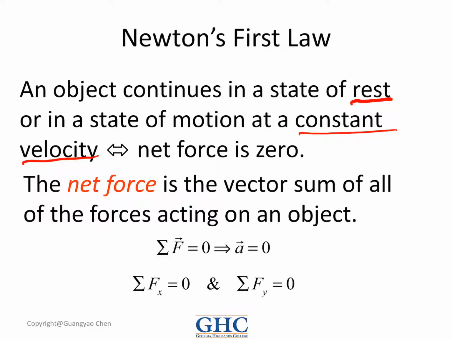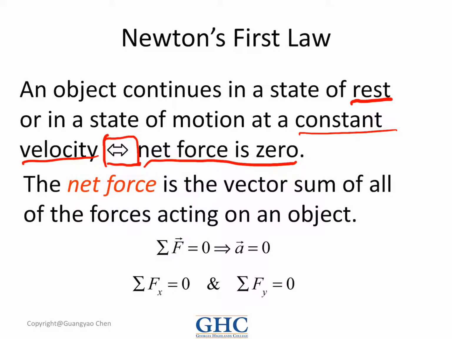You can also say it the other way around. If the net force acting on the object is zero, it must be either at rest or doing constant velocity motion. So that's why we have the equivalent sign here.